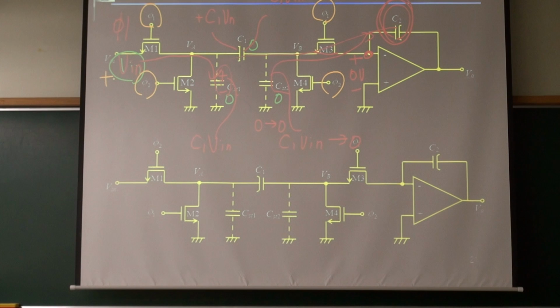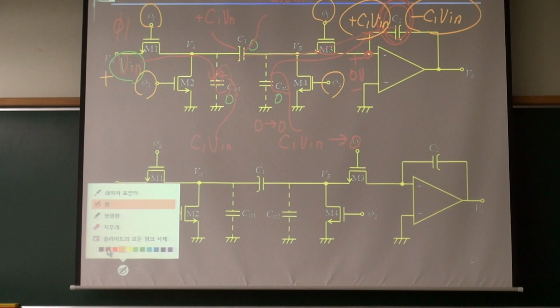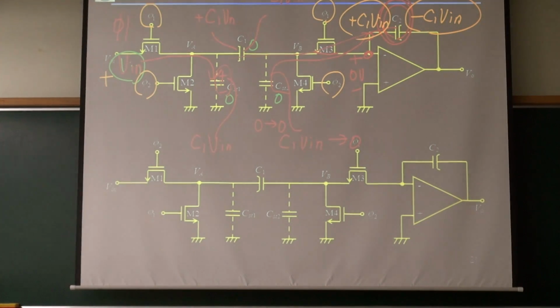This C1 will be charged to C1 Vin, and the charge will be added in that way. However, if I change this one, see, this by one, this by two, then the charge will be dumped with opposite polarity. Then it becomes a non-inverting integrator. Okay.